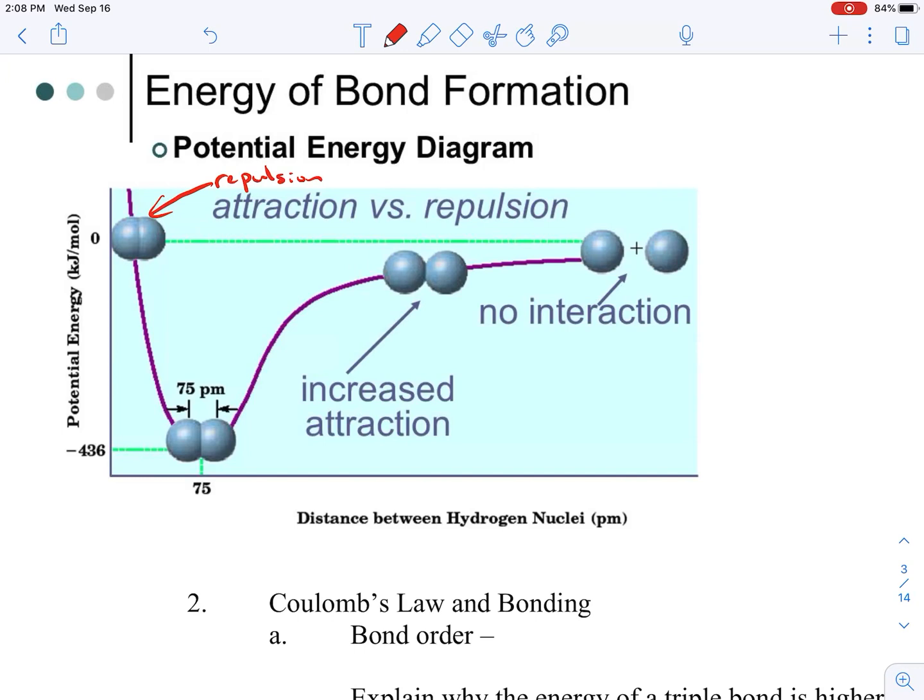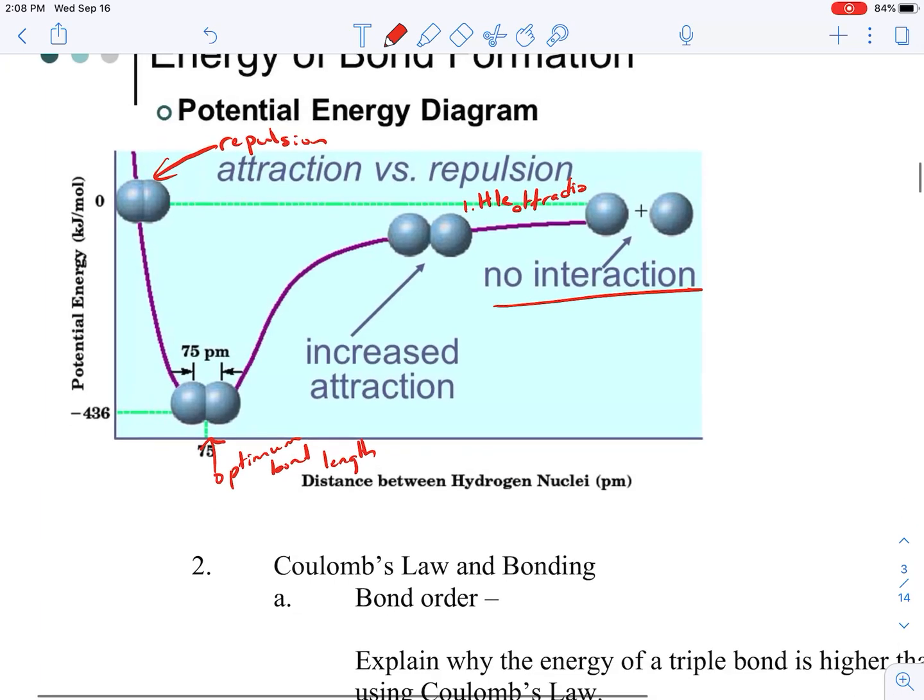Little attraction. And over here, no attraction. And right here, this is our optimum bond length. This is the best distance that they are apart, where our attractive forces are overcoming our repulsive forces. So that's the perfect spot, if you will.